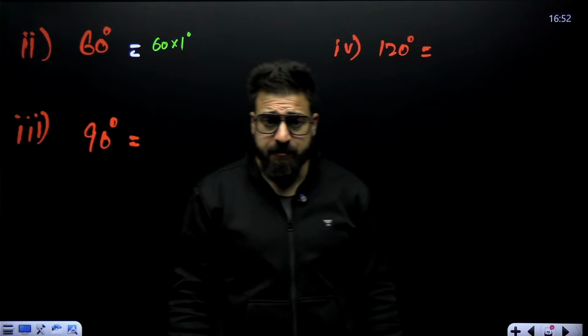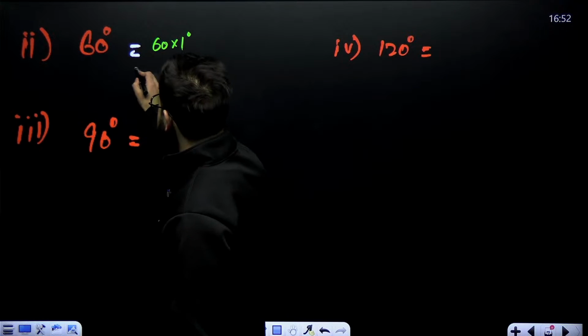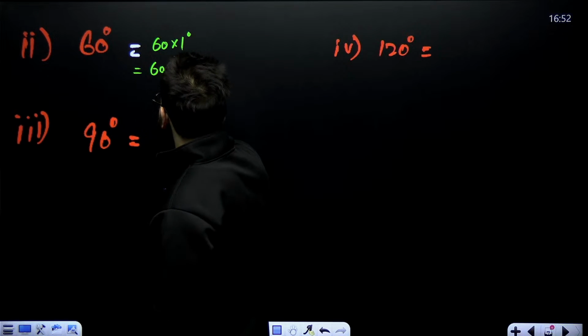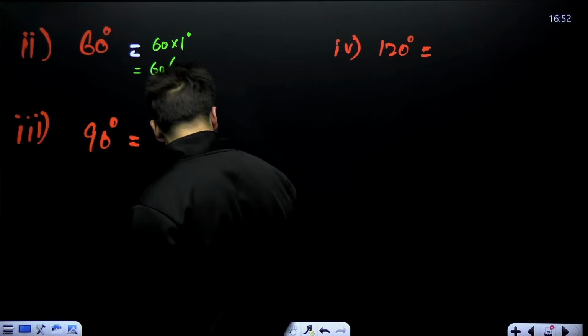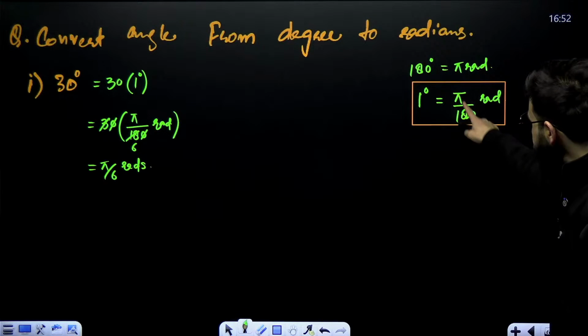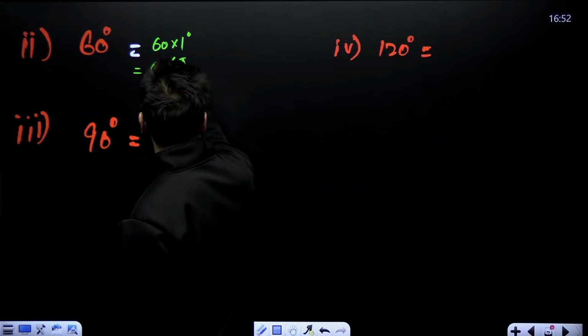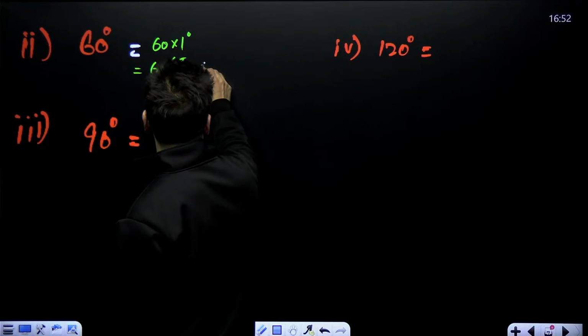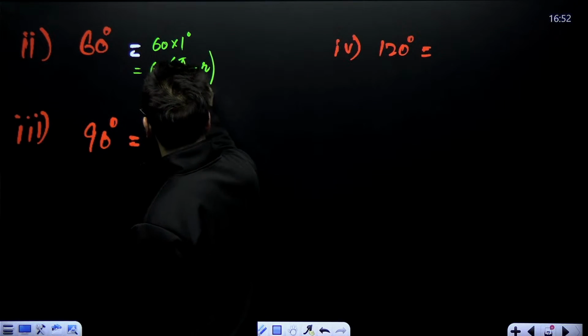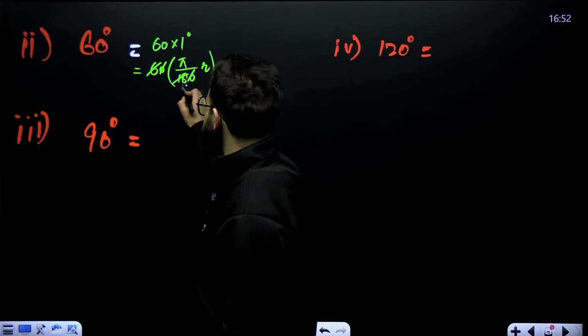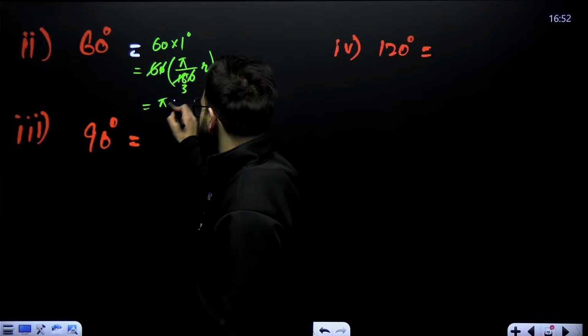And what is the value of 1 degree? Here I told you, pi divided by 180 radians. So, I can write over here 60 into pi divided by 180. Now, this and this will cancel. 6 ones are 6, 6 threes are 18. So, it will come out to be pi by 3.